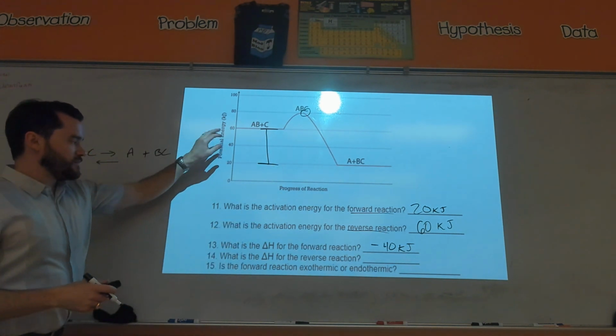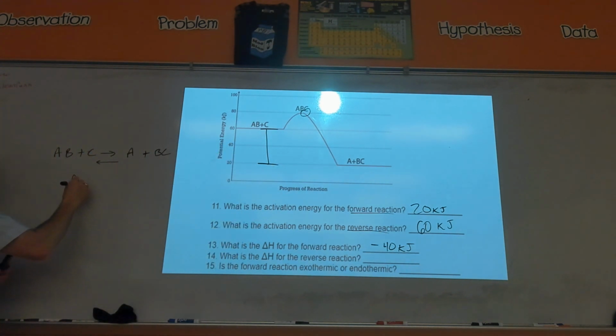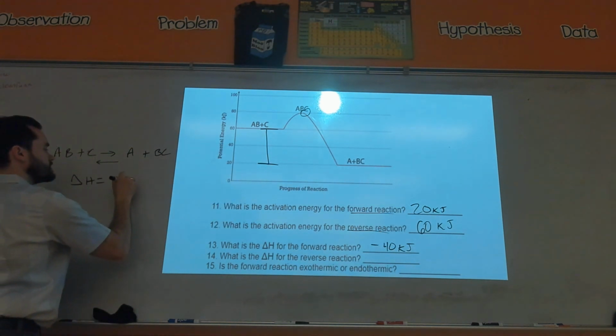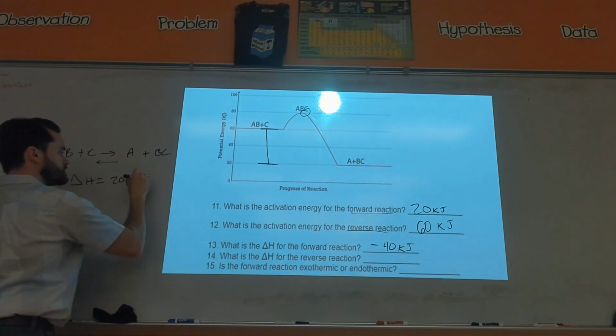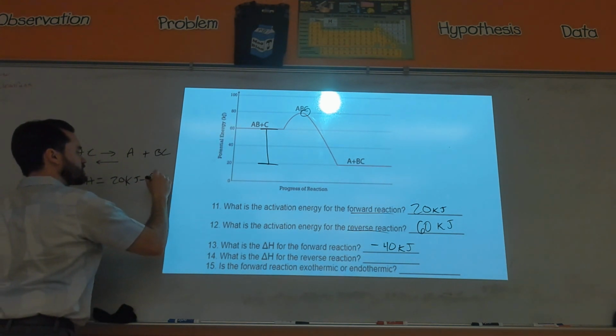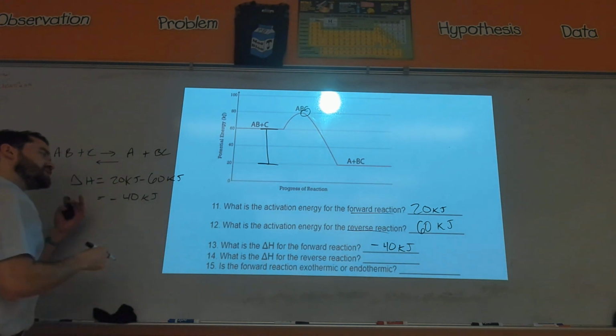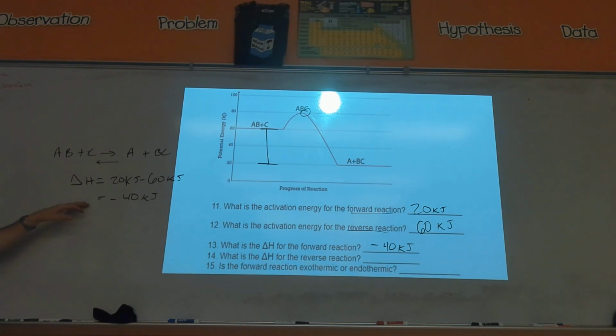So if I were to write it out formally, delta H is final minus initial. So your final is 20 kilojoules, and your initial was 60 kilojoules. So 20 minus 60 is negative 40 kilojoules. But you probably could do a lot of these just by reading the graph and doing it in your head. All right, so negative 40 kilojoules.